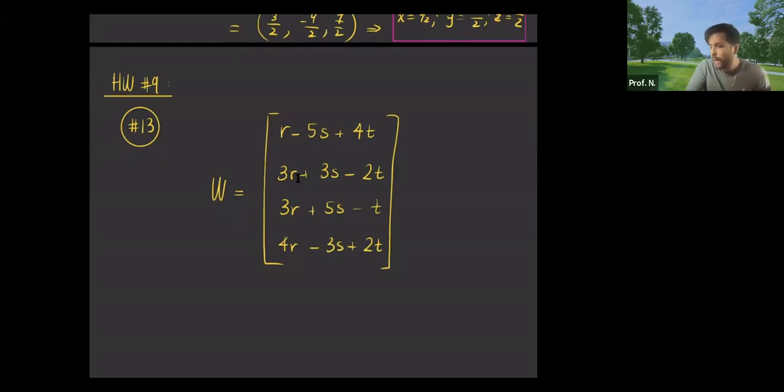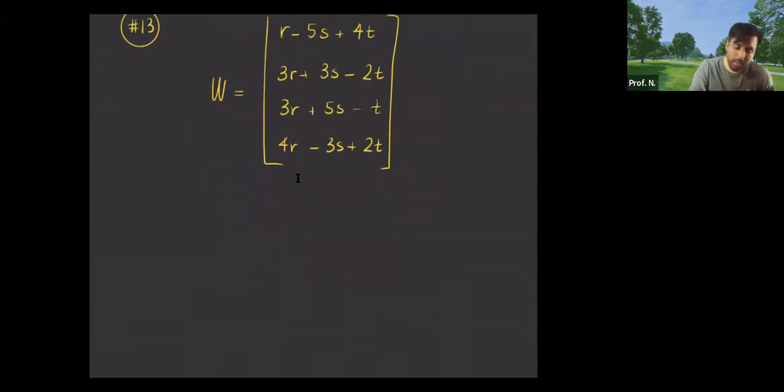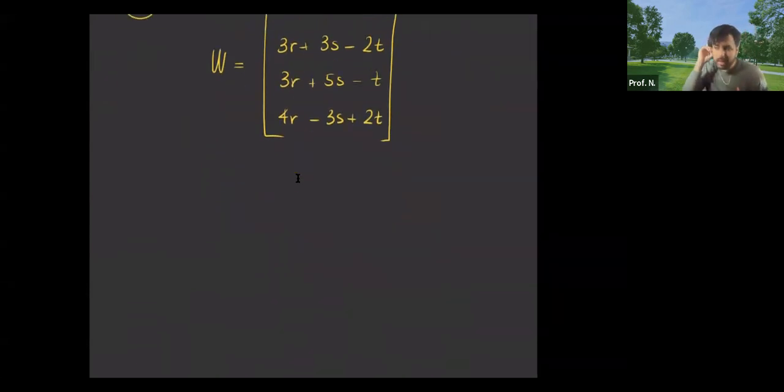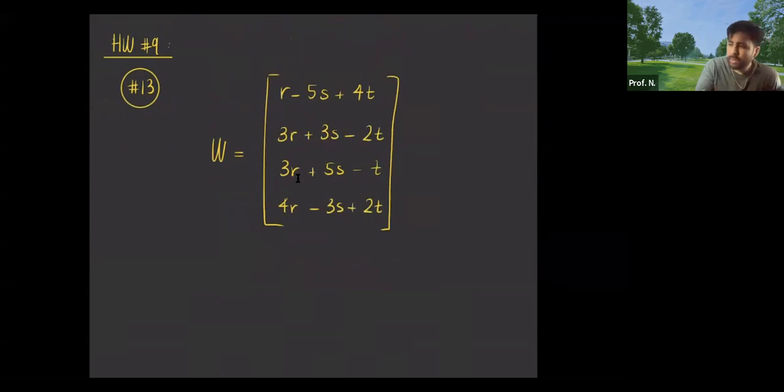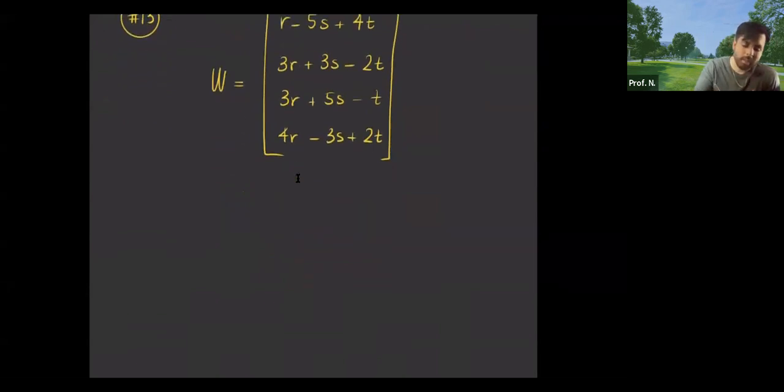It says, find a matrix A such that W equals the column space of A. So we want to find A so that the column space of A is W. It sounds like you're doing a lot of stuff here, but really you're just rewriting this. When I rewrite this, I can rewrite this as the following.